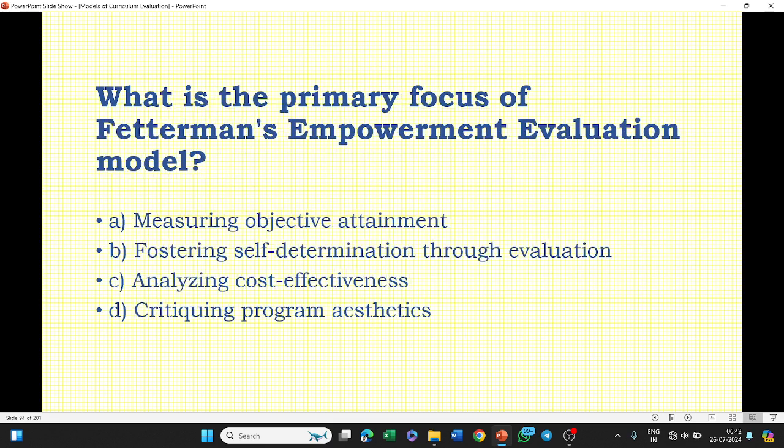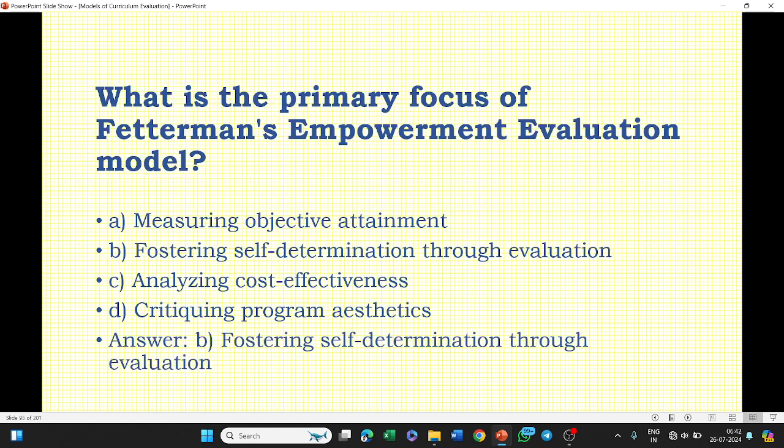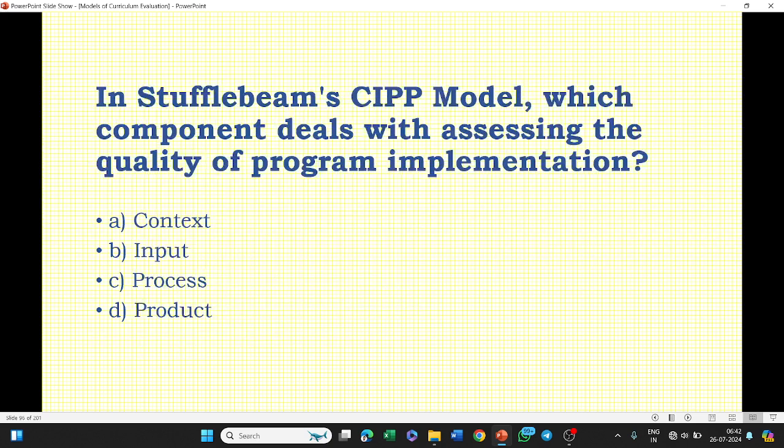Next, what is the primary focus of Fetterman's empowerment evaluation model? Options: measuring objective attainment, fostering self-determination through evaluation, analyzing cost effectiveness, critiquing program aesthetic. Answer of this question is option B, that is fostering self-determination through evaluation.